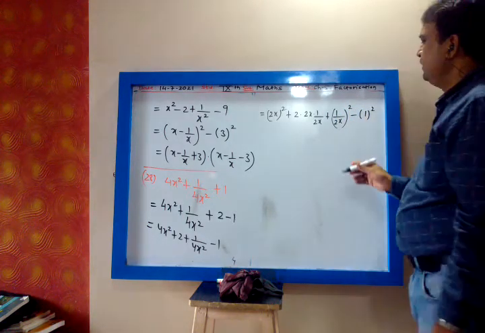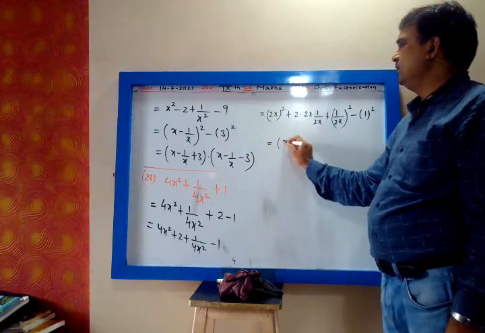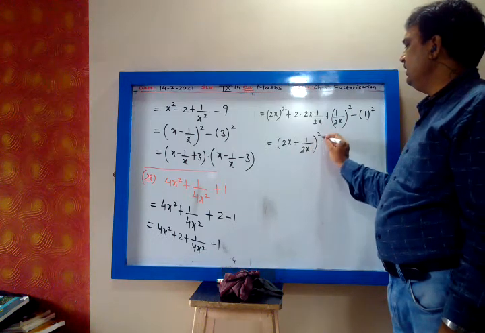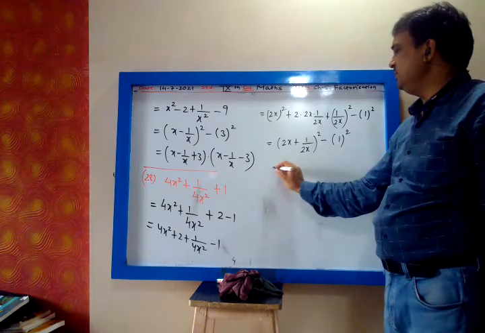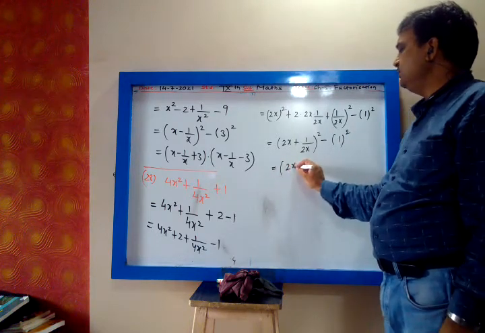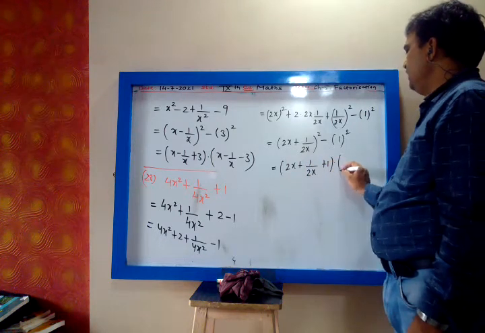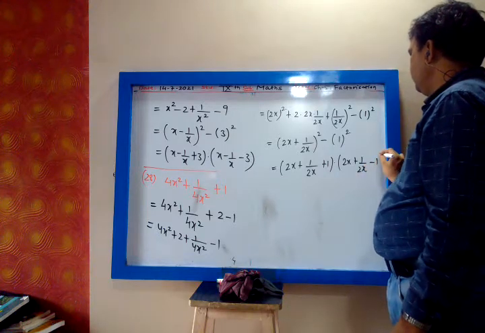So a square plus 2ab plus b square is a plus b whole square. So 2x plus 1 upon 2x whole square minus 1 square. Now this is of the form a square minus b square, (a plus b) into (a minus b). So 2x plus 1 upon 2x plus 1 into 2x plus 1 upon 2x minus 1. And this is the answer.